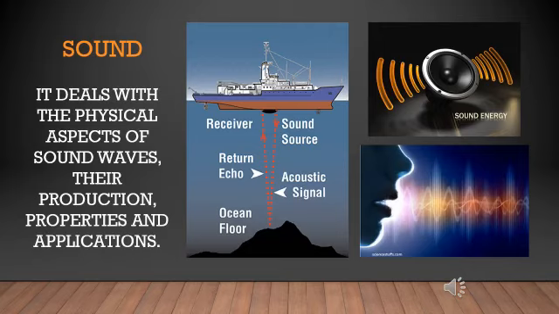For example, if a person speaks, his voice is transferred by air molecules towards the other person. Why? Because air is the medium which helps to transfer the voice of one person towards the other person.